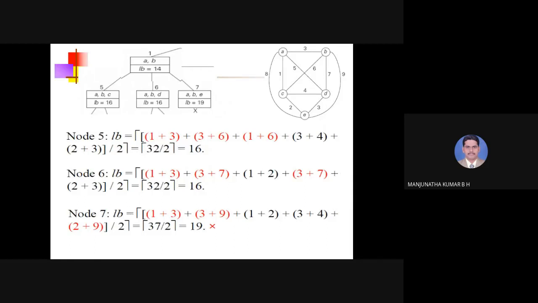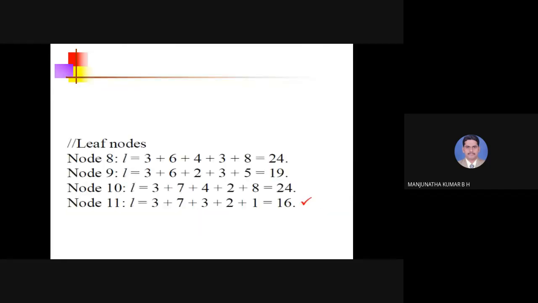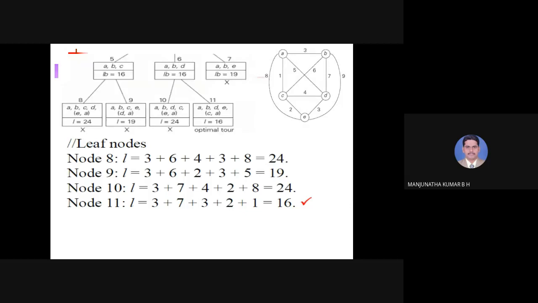You can take 5 as the best node, or even you can take 6 as the best node. Okay, but here because only 2 nodes are left after these 3 cities, hence I am going to explore both 5 and 6. Okay, in the next slide you can observe that calculation. Fifth node is explored and sixth node is also explored.